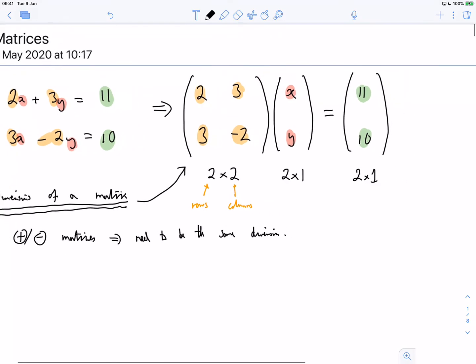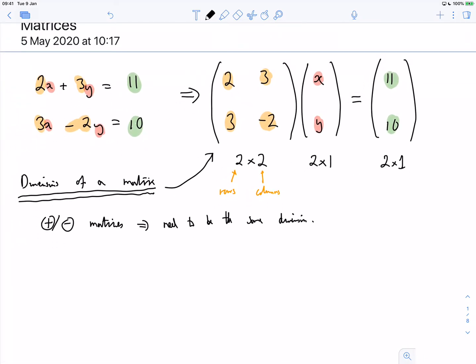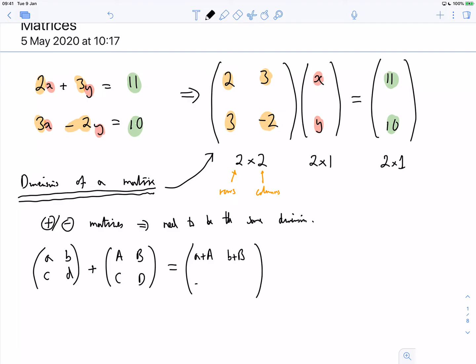And the way that works is, suppose I've got a 2 by 2 matrix, let's say a, b, c, d, and I want to add another matrix to it, let's say capital A, capital B, capital C, capital D. Then the resultant matrix would be little a plus capital A, little b plus capital B, little c plus capital C, little d plus capital D, right?